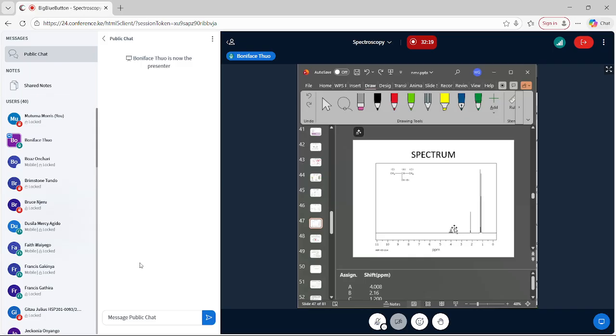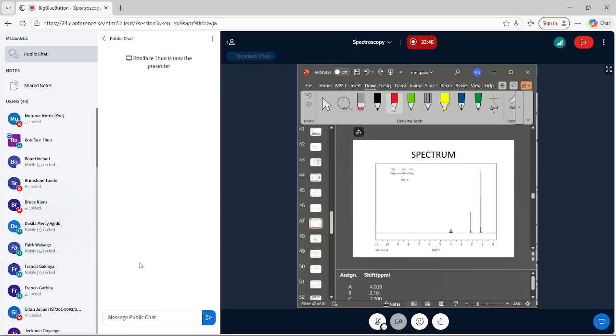So we can ignore that for the time being. But you can see that we have a very short peak, but split so many times. Okay, and this is due to the methane hydrogen, split by the other three methyl protons.